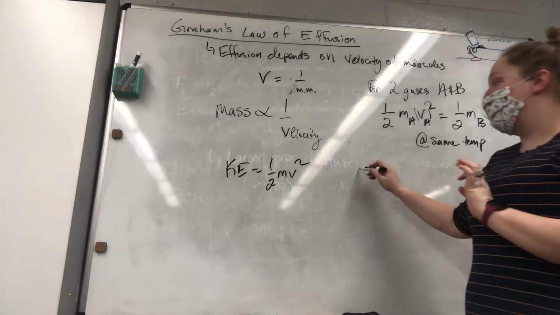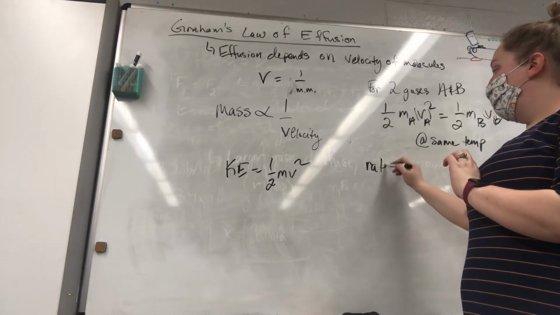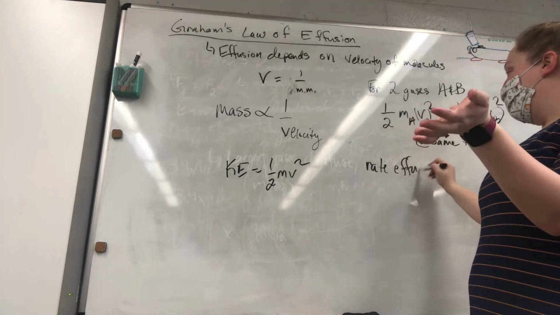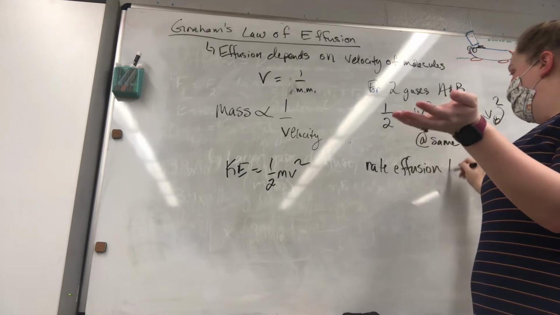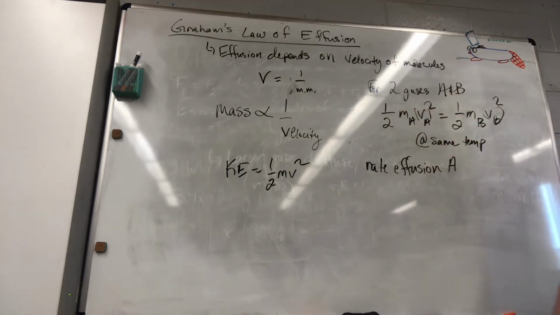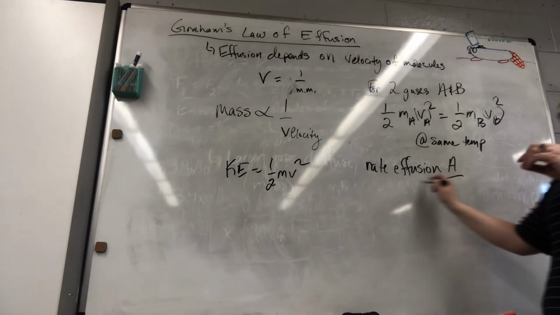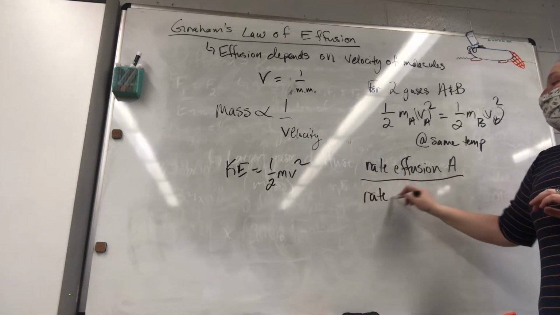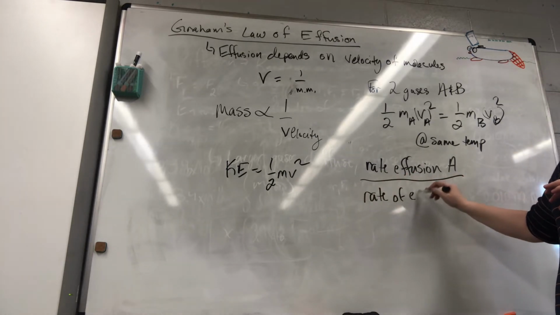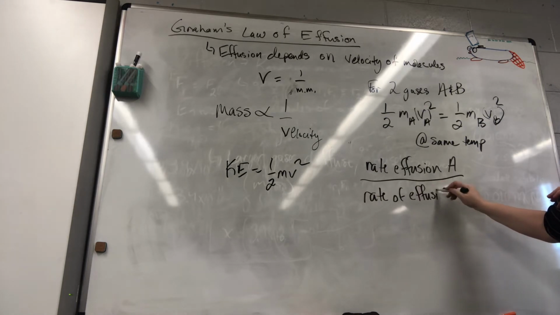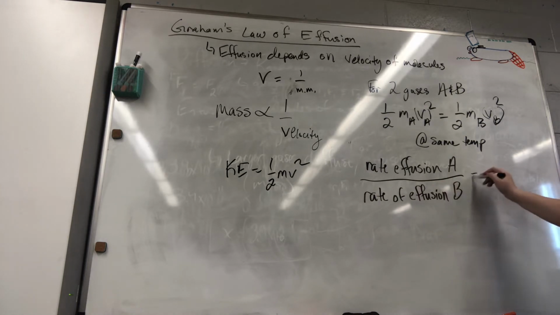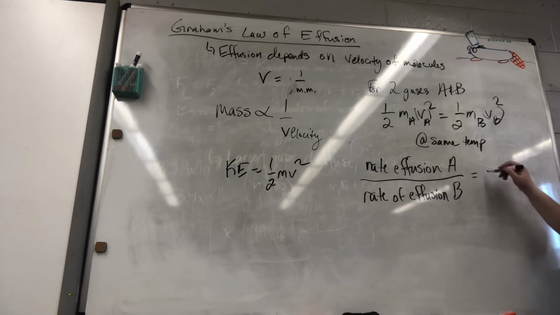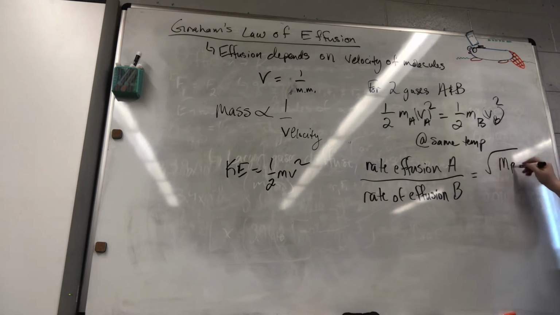Okay, what is a rate? How fast something happens. Okay, so we can talk about the rate of diffusion of gas A over the rate of diffusion of gas B, which will equal that guy.